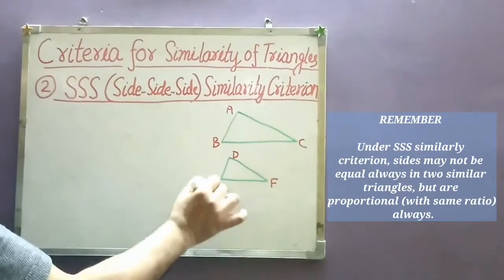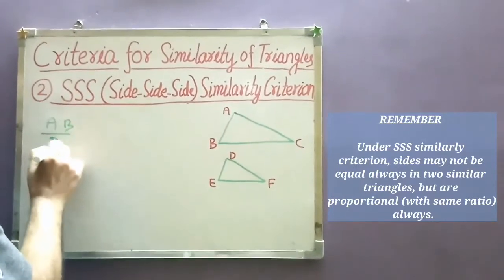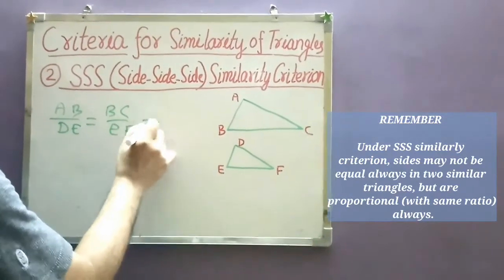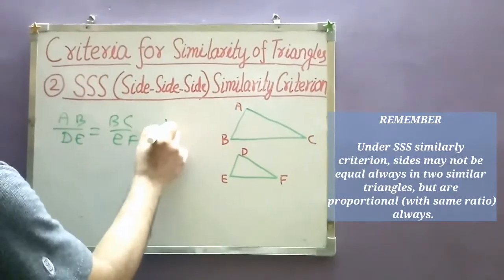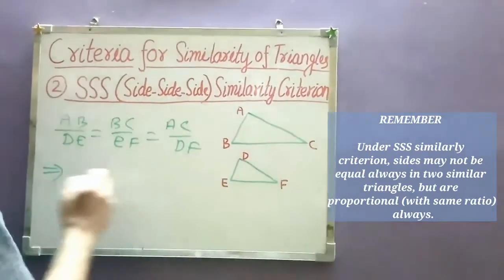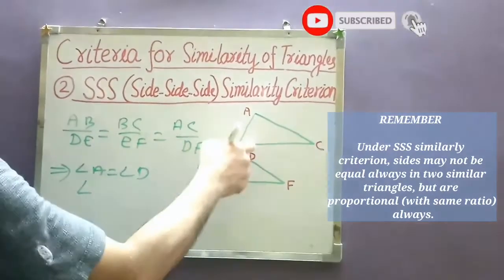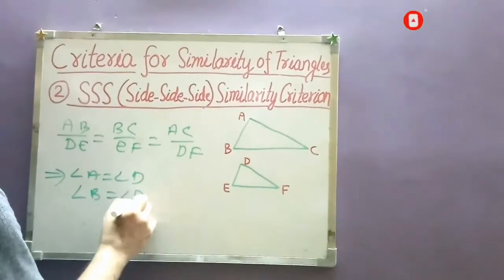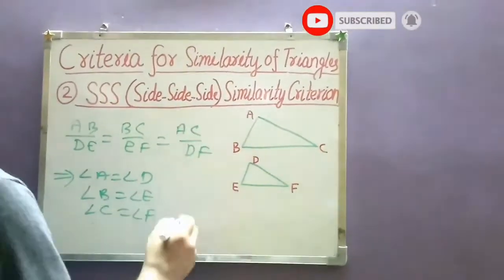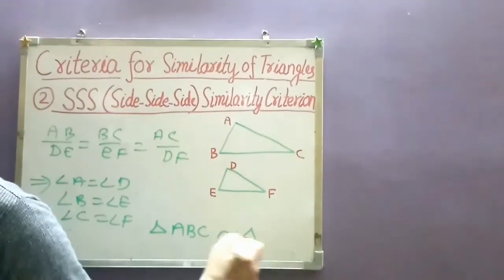This means in triangles ABC and DEF, if AB upon DE equal to BC upon EF, that equal to AC upon DF, then angle A equal to angle D, angle B equal to angle E, angle C equal to angle F, and hence triangle ABC is similar to triangle DEF.